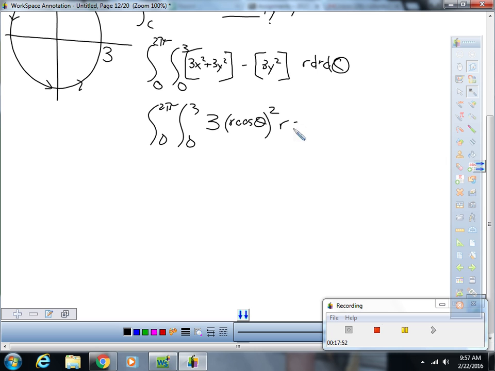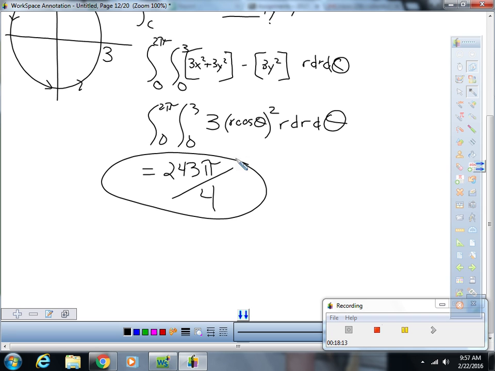Now I need my r dr d theta. You could integrate this by using some u substitution, but just pop it in your calculator, and you end up getting 243 pi over 4. And that would be your work.